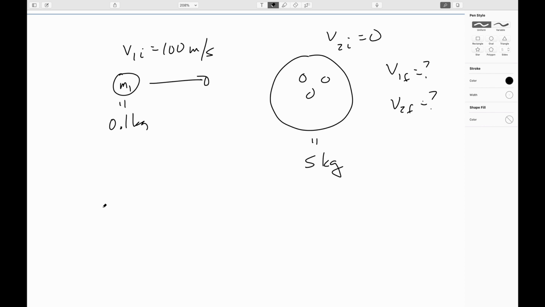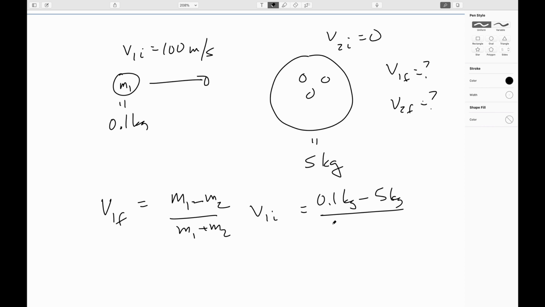So I went ahead and just solved for V1 final. So using what we had before, that's going to be M1 minus M2 over M1 plus M2 times V1 initial. So this will be 0.1 kilograms minus 5 kilograms over 0.1 kilograms plus 5 kilograms times 100 meters per second.